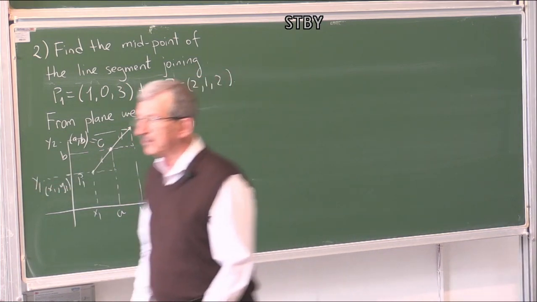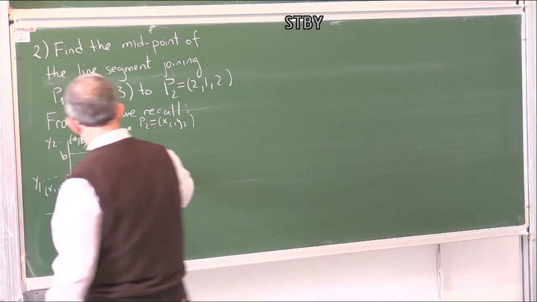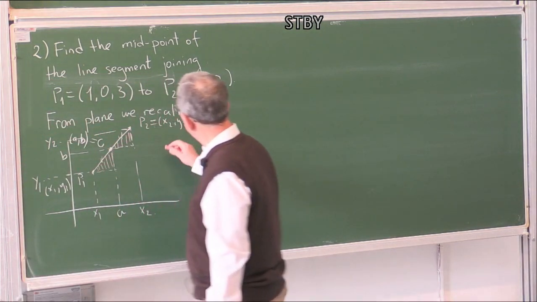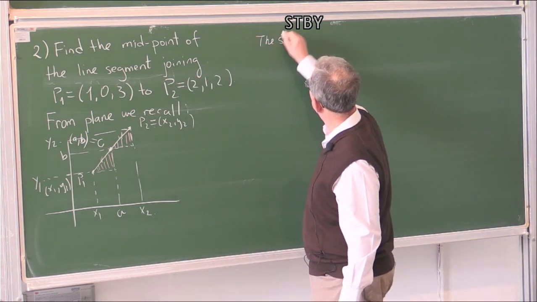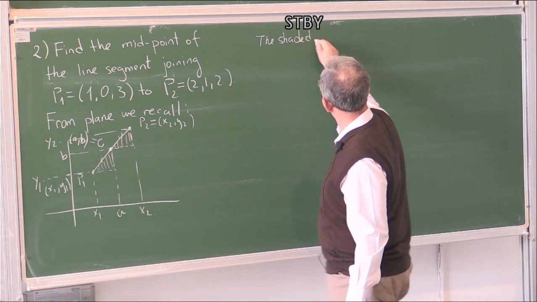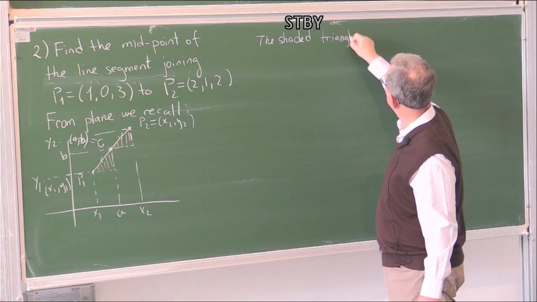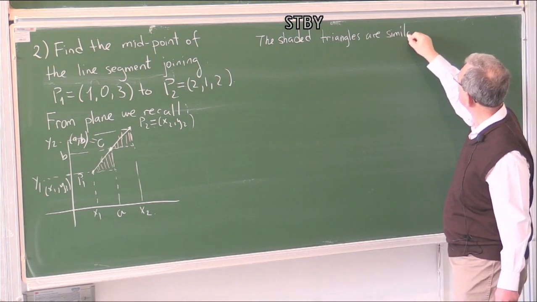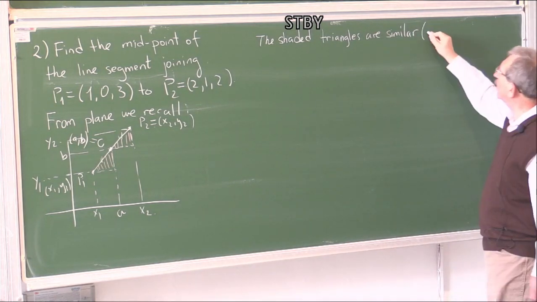We note that the two shaded triangles are similar, which means that corresponding angles are equal.